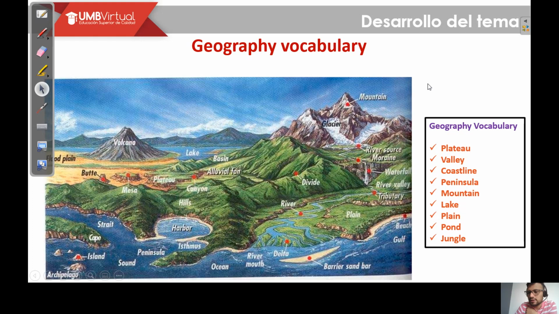We have different geography vocabulary, but it's for you to have the vocabulary on your mind. Oh, archipelago, and like that.